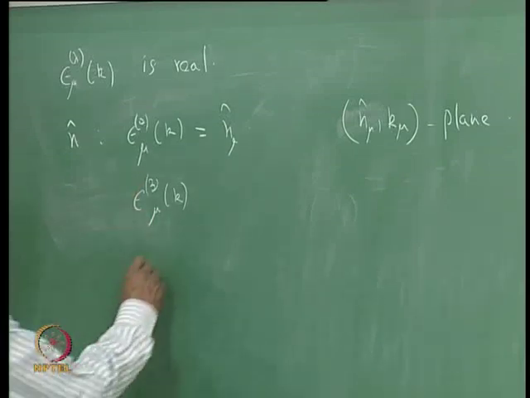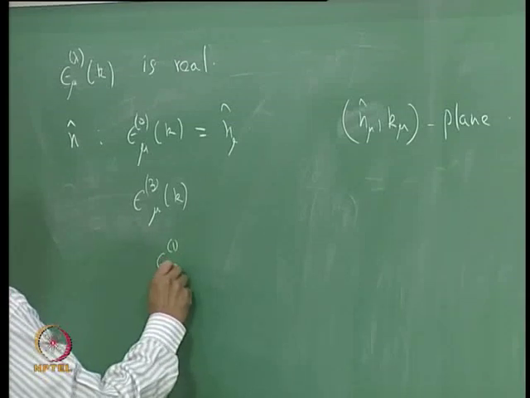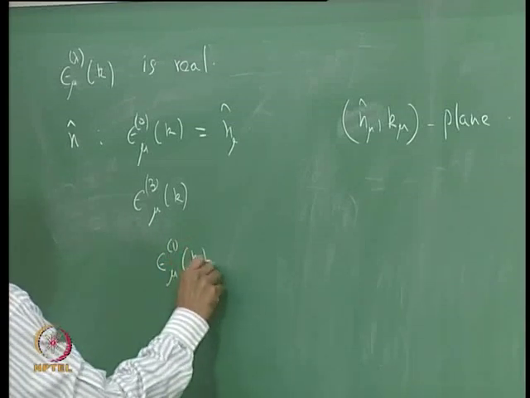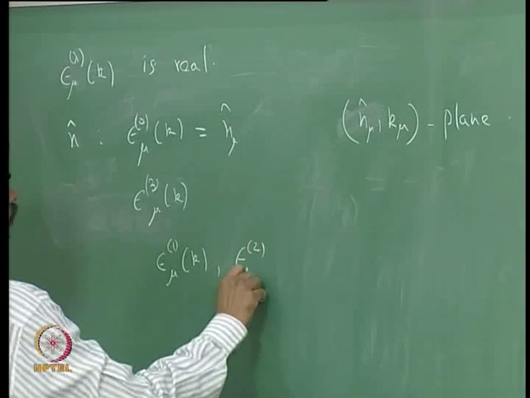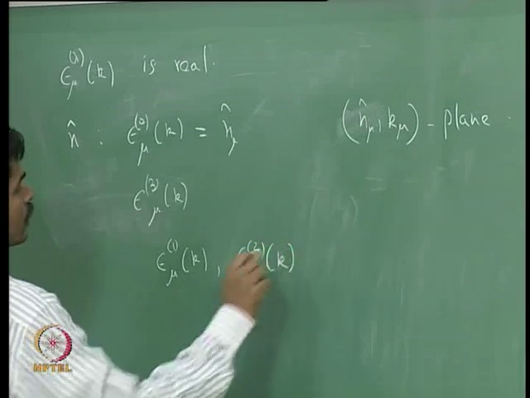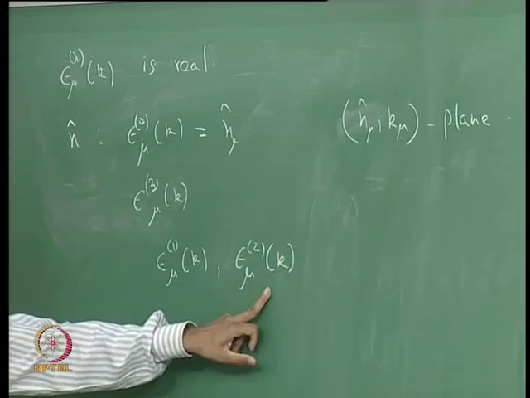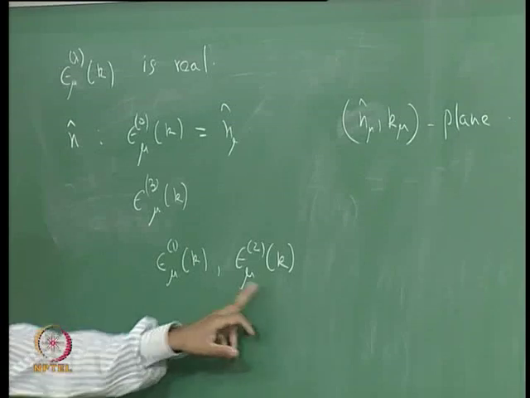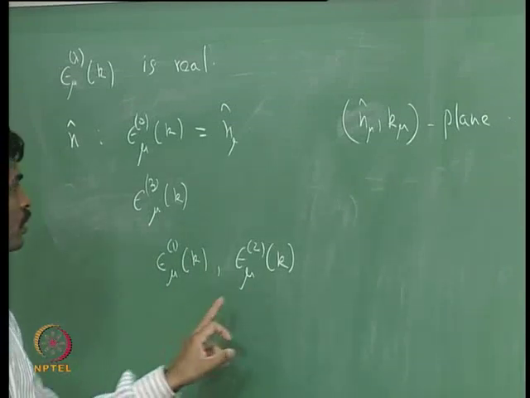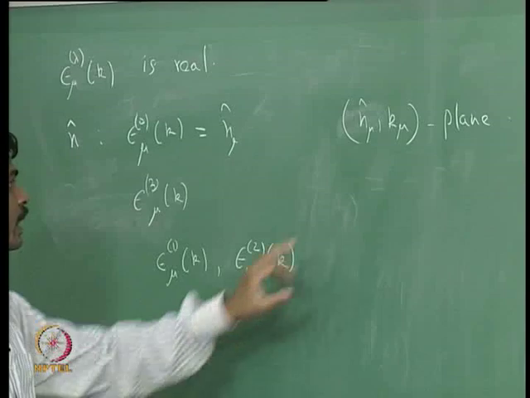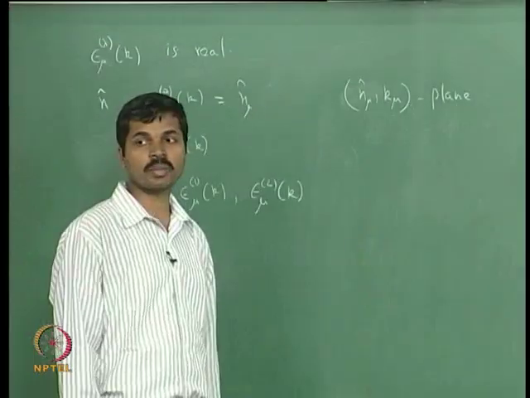Epsilon 1 and epsilon 2 are two linearly independent vectors which are orthogonal to each other and which are orthogonal to this plane.